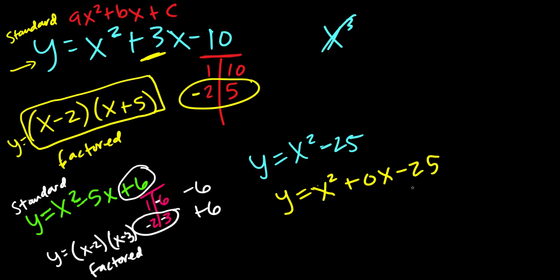Now we can just go through the same process. 1 and 25, and then 5 and 5. It's going to be the only thing that gets us 25. Okay, if I do negative 5 plus positive 5, that'll give me 0, and so that's the one that I want. And so I can just say x minus 5 and x plus 5.